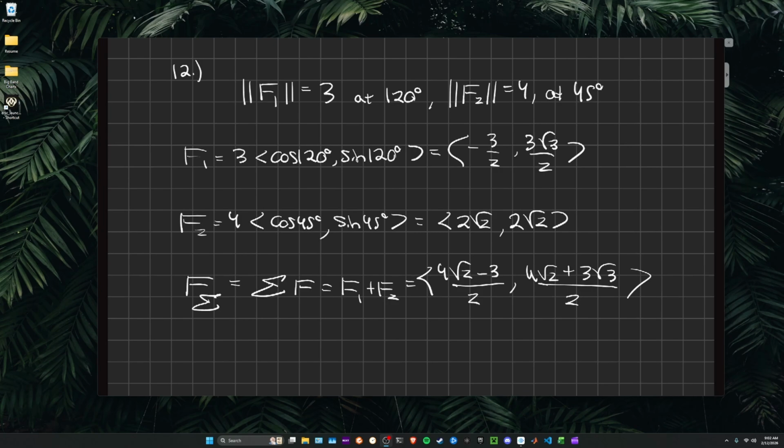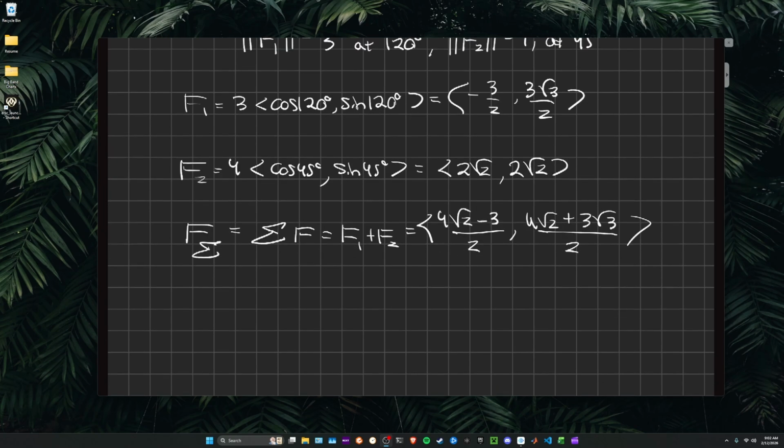Okay, and then they want us to find the magnitude. So the magnitude is just the norm of the resultant.